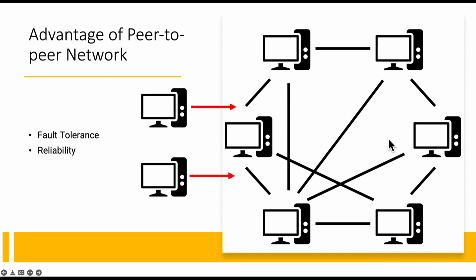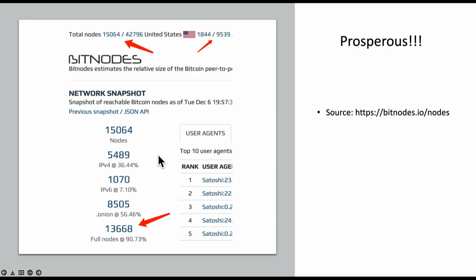The system will still survive because all the other peers are still functioning, communicating, and providing resources and data to the network. If one node goes offline, there is still another available node with a copy of the information. So high reliability and fault tolerance are the major advantages of a peer-to-peer network.